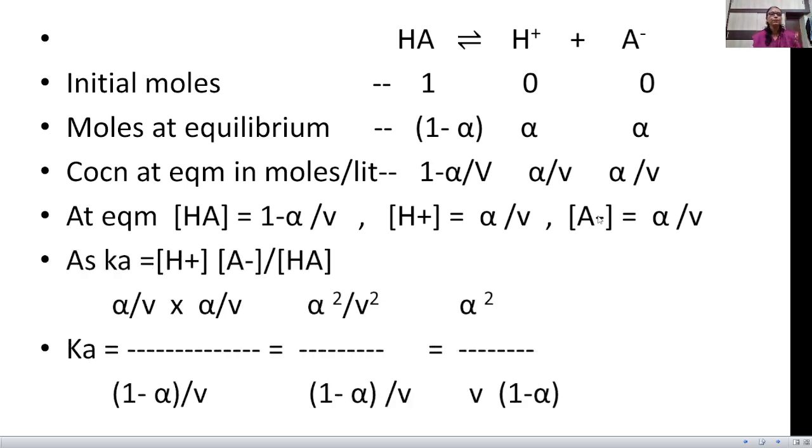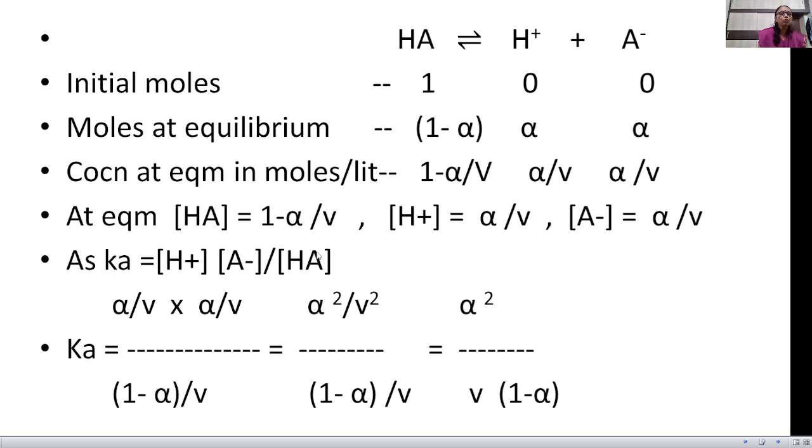As we know the equation, Ka equal to molar concentration of H plus into molar concentration of A minus upon molar concentration of HA. Putting the values of these in this equation, Ka equal to molar concentration of H plus means alpha upon phi into molar concentration of A minus means alpha upon phi. Put these values from this equation.